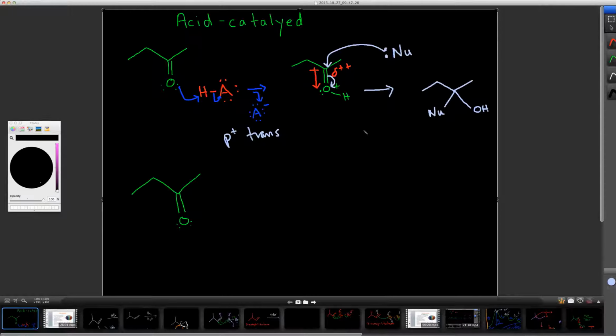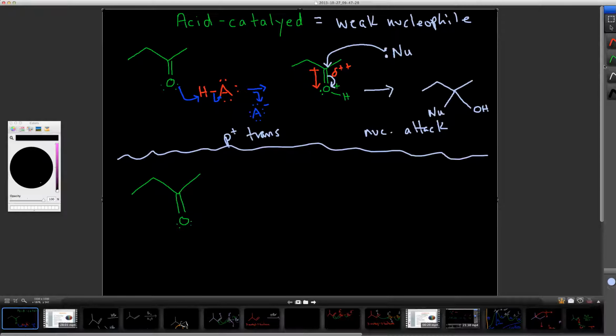The second step is nucleophilic attack. This is the sequence when I have a weak nucleophile. And we'll go through a couple of examples of this particular type of mechanism.